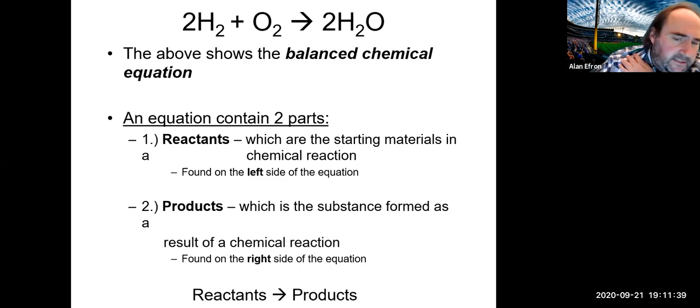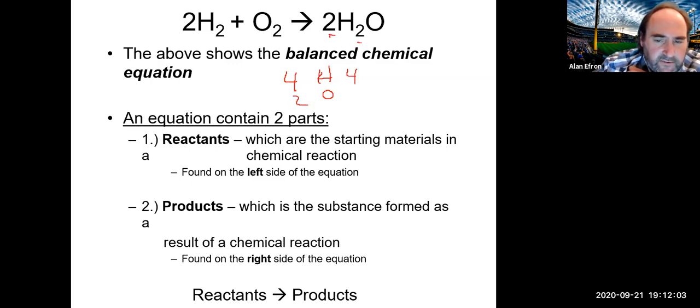What that means is essentially, like the name implies, we have the exact same number of each element on both sides of the arrow. For example, on the left-hand side, we have 4 hydrogens. Right-hand side, 2 times 2 is 4. Left-hand side, 2 oxygens.